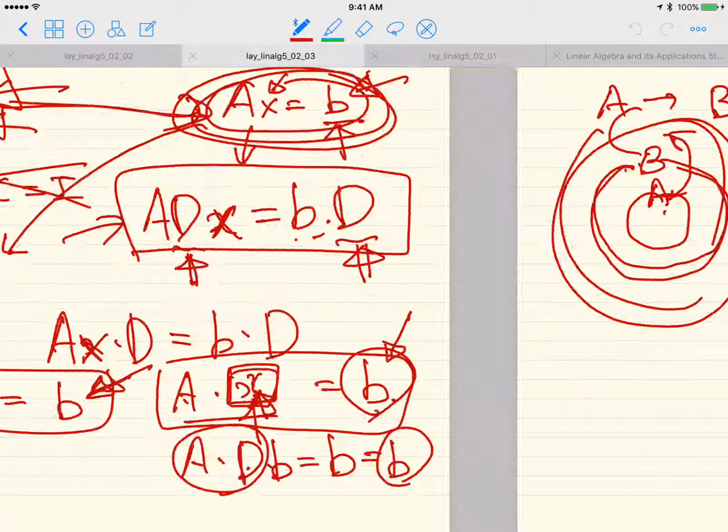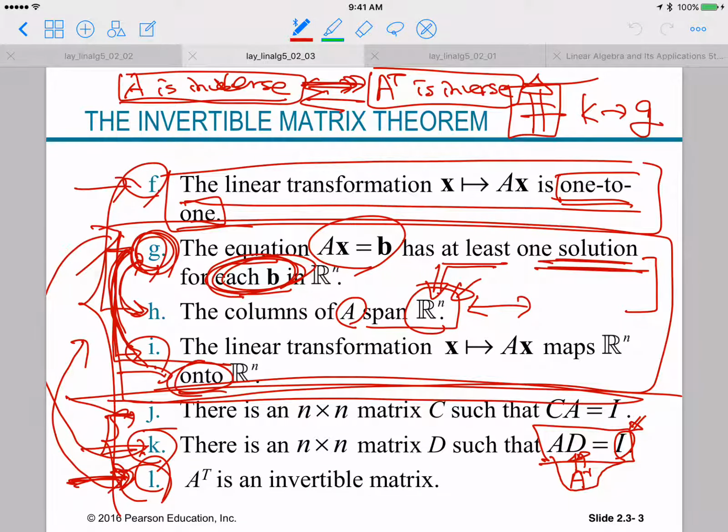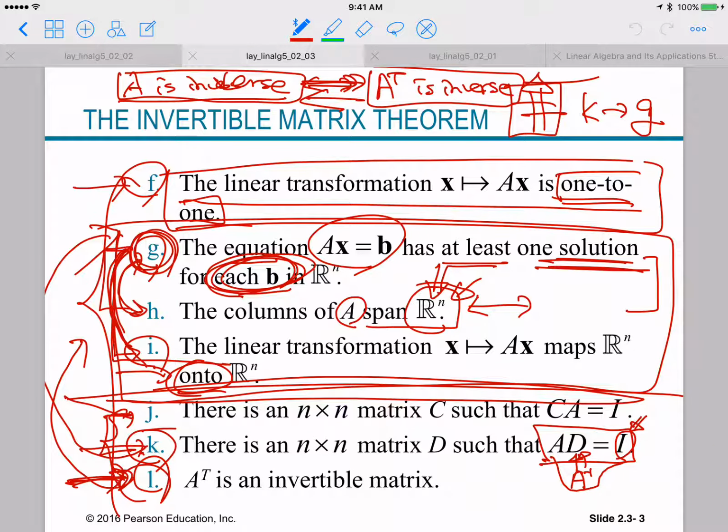One thing that I wanted to emphasize here is this: J and K. Those two items were part of the definition of an invertible matrix. We just proved that these two are logically equivalent, although we didn't directly prove it by starting from K and landing at J, or starting from J and landing at K. We didn't directly prove it, but we actually integrated all of them into one set.